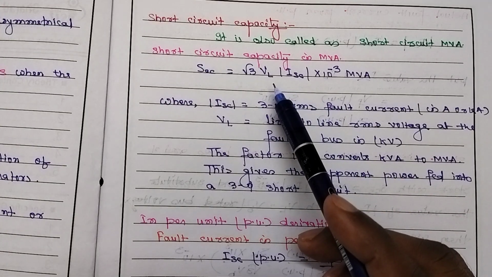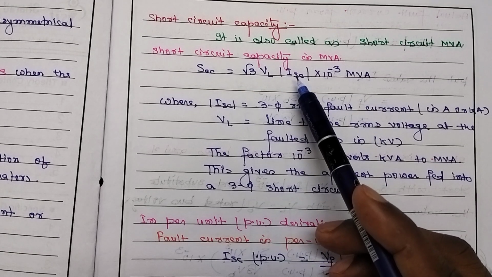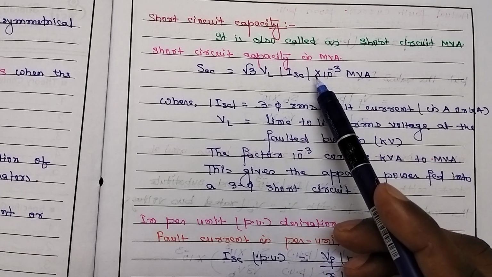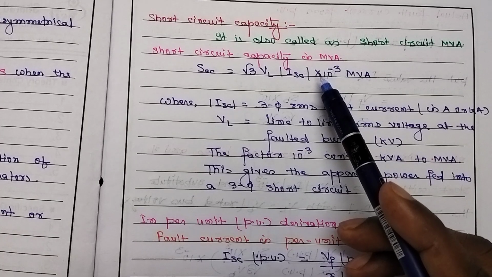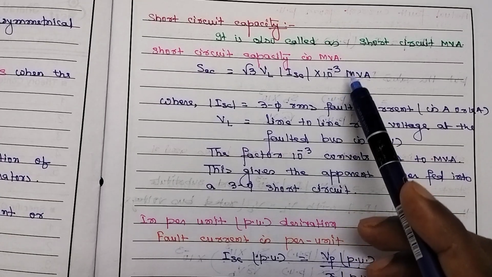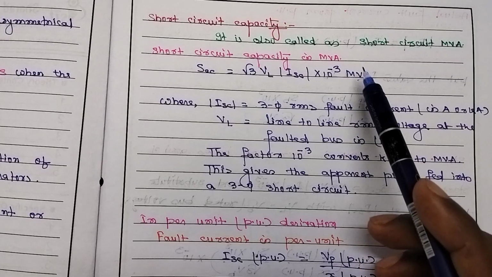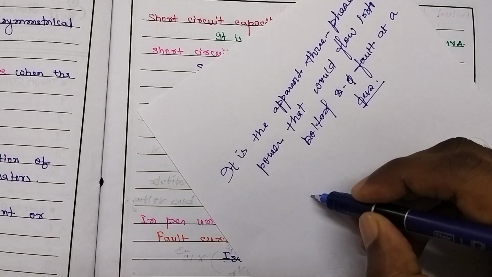Here VL is the line to line RMS voltage at the faulted bus and ISC is the RMS three phase fault current in ampere, and the factor 10 power minus 3 converts the kVA to MVA.